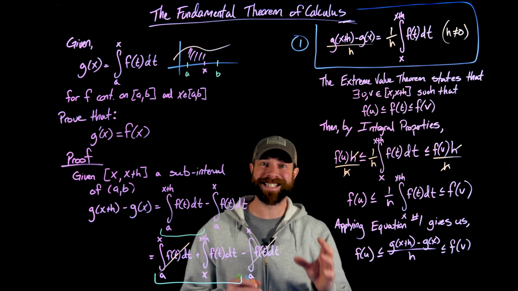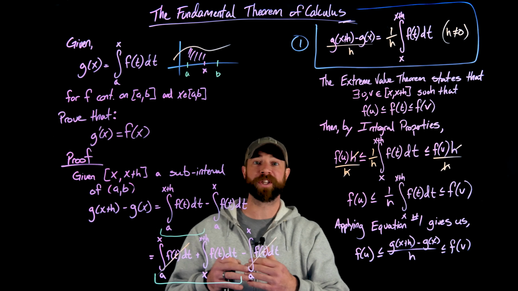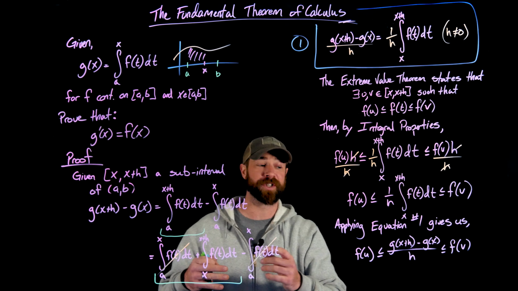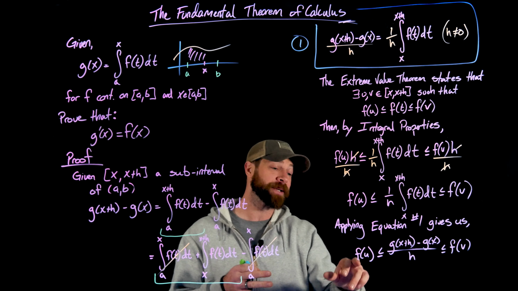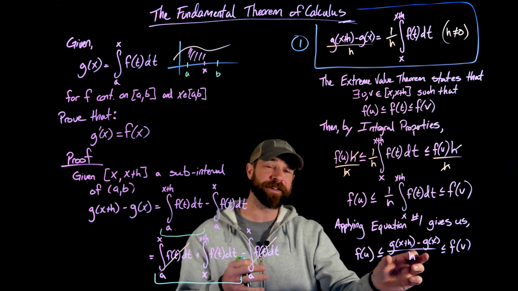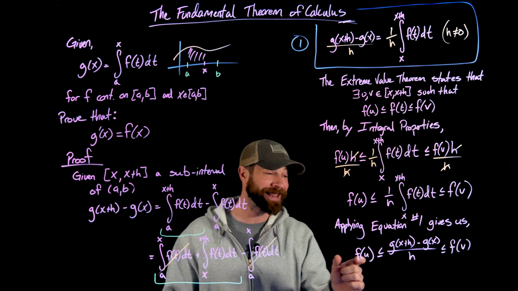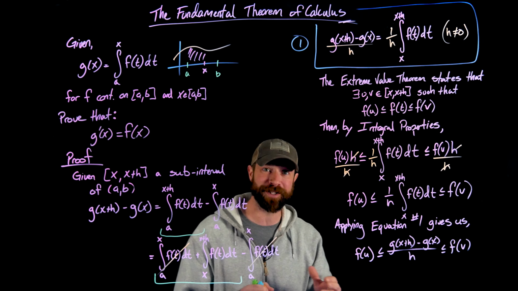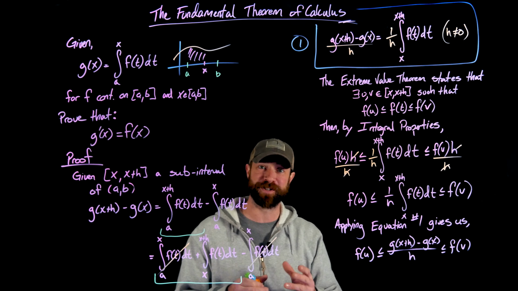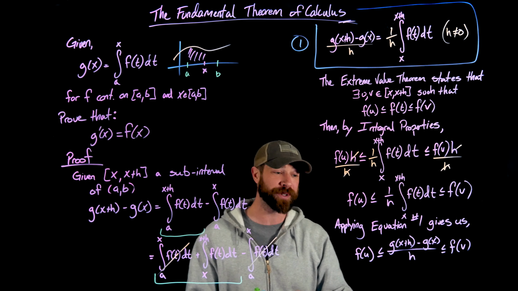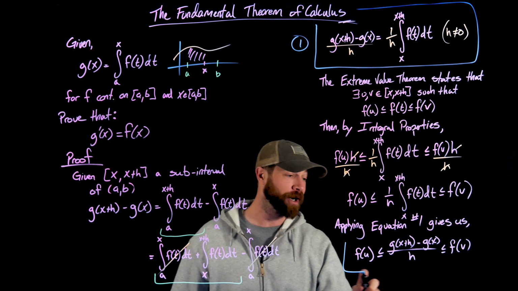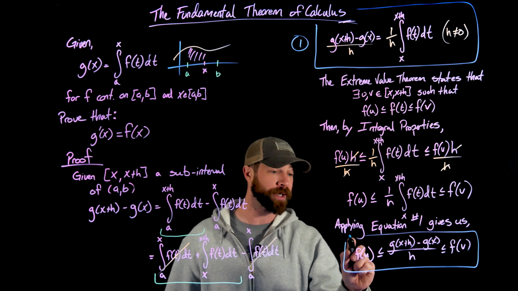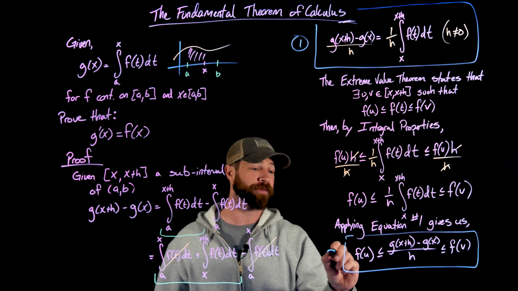This right here was a sneaky big deal. What I started with was this integral that was equal to a function, but through these steps, I now have a relationship between the function f and the function g. And as you might be thinking, man, this looks a heck of a lot like the limit definition of a derivative, and it is, and we're almost there. But importantly, before I move forward, this is going to be our equation number 2 that we're going to need to finish this proof off.